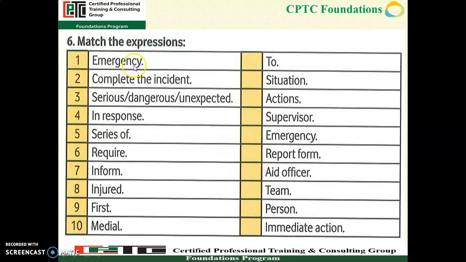Match the expressions. So we have emergency, complete the incident, serious, dangerous, unexpected, in response, series of, require, inform, injured, first, medical. And we have to, situation, actions, supervisor, emergency, report form, aid, officer, team, person, immediate action.